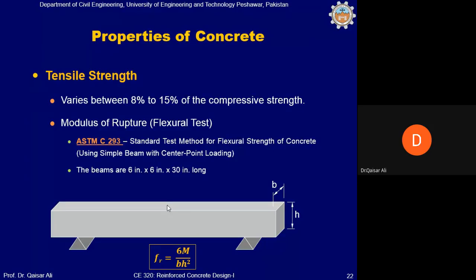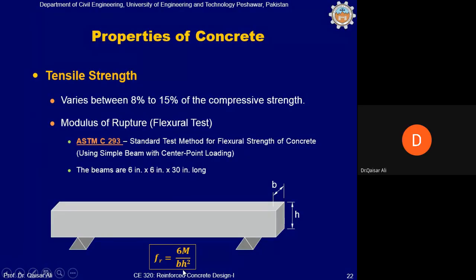So when you test this, you can determine the load P, and from the load P you can calculate bending moment, because in a simply supported beam subjected to a point load, M will be equal to PL by 4. So the bending moment can be very easily calculated, and B and H are the dimensions of the beam. So Fr equal to 6M over BH square can be calculated.